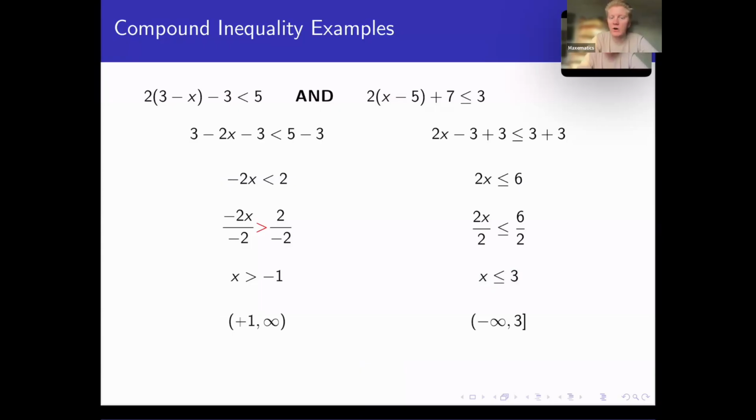So now, what are all the numbers that are in common from -1 to infinity, -infinity to 3? You could practice drawing it on your own, but that would just be everything between -1 and 3.